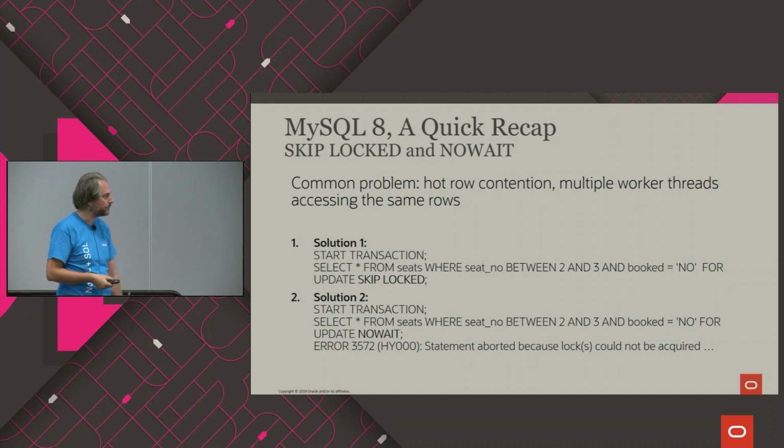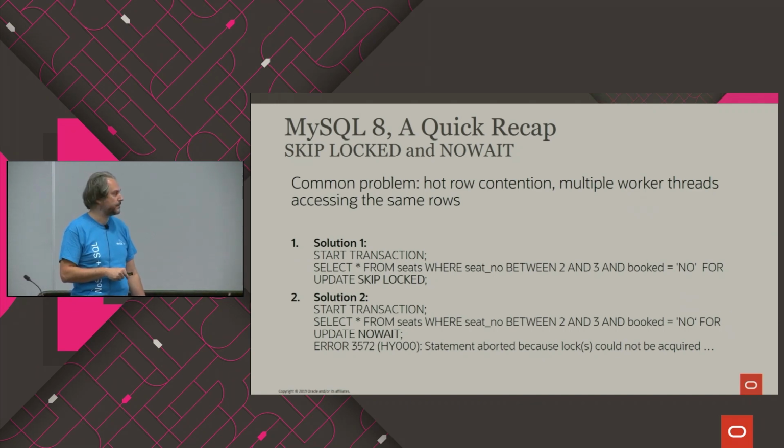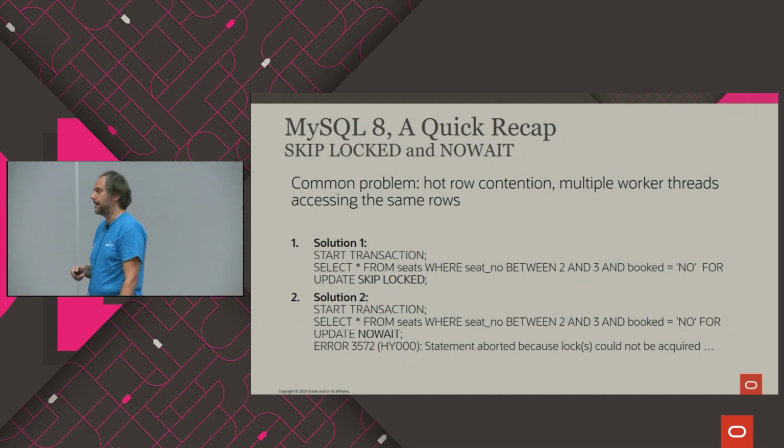Or you may want to provoke a failure if you find that that range of seats is already being locked by another user. This is very useful and adds a lot of simplicity to your queries and design of the application.